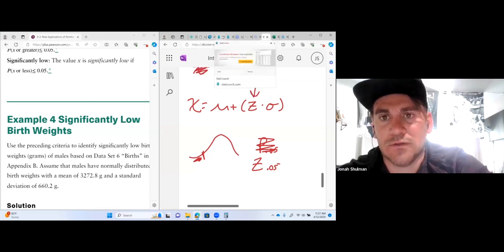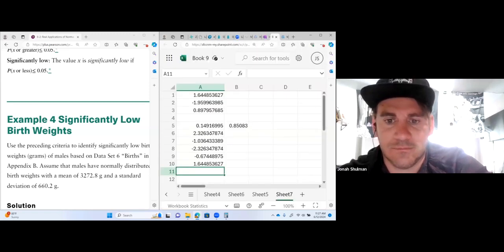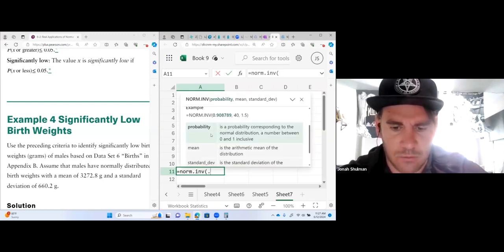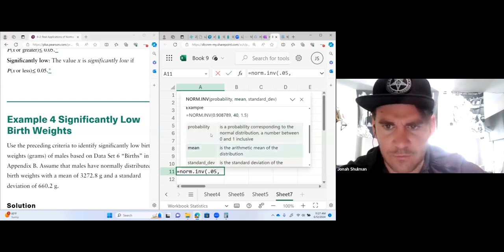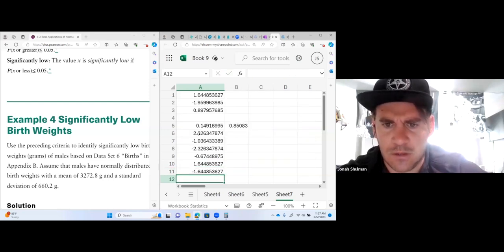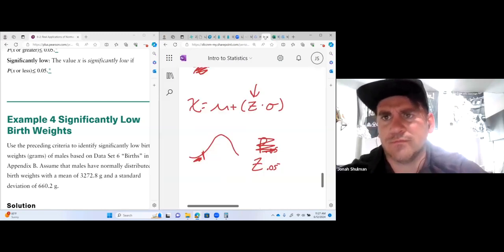So that's the first thing I'm going to do. How can we do that? You can go right to Excel. NORM.INV 0.05, because we want less than that, 0, 1. Let's see what we get. Negative 1.645.